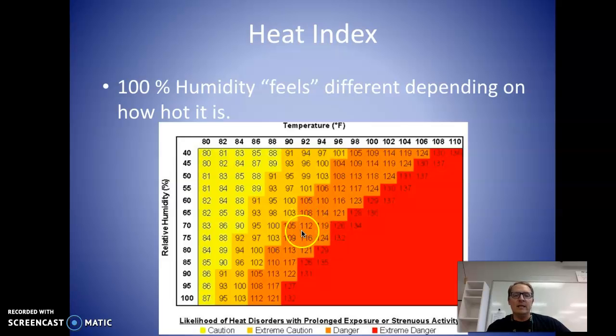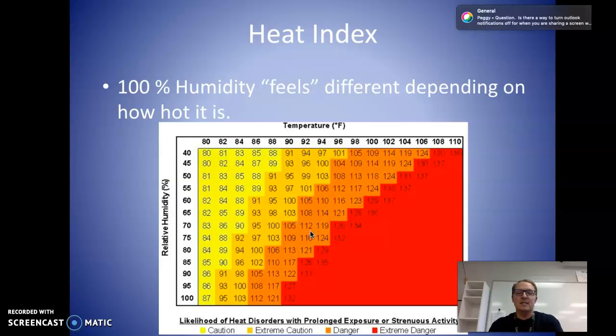It is not really 112 degrees outside. A thermometer, unless it's a fancy one that shows you heat index, will not show 112 degrees outside, but your body will respond as if it is actually 112 degrees outside. And this is because the temperature added to the fact that there's humidity makes it feel hotter, right?